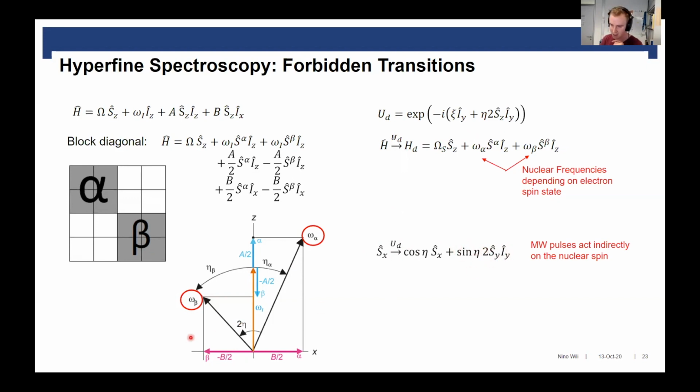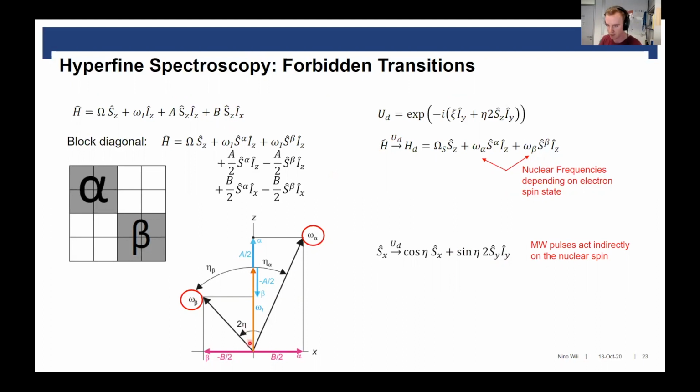And this eta is basically the angle between these two states here, so the angle between the quantization axes of the nuclear spins in the different electron manifolds. So basically, the larger the B is, the larger this forbidden transition excitation will be.